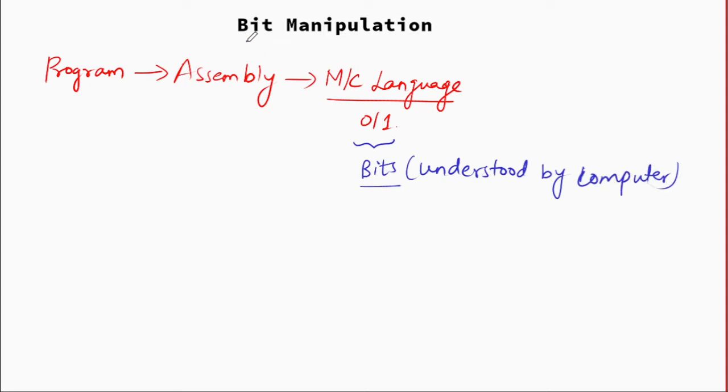So here in bit manipulation, we will be working on how to operate on bits and look at the properties of bits. First, let us try to get an idea of how to represent a decimal number in binary form.